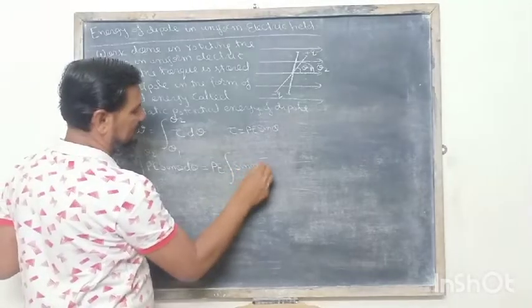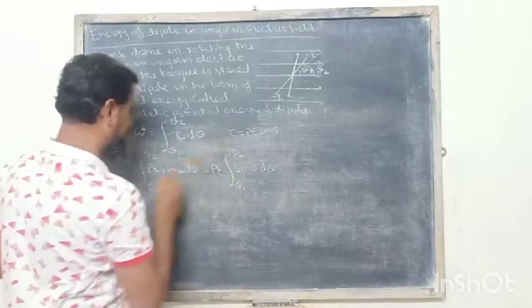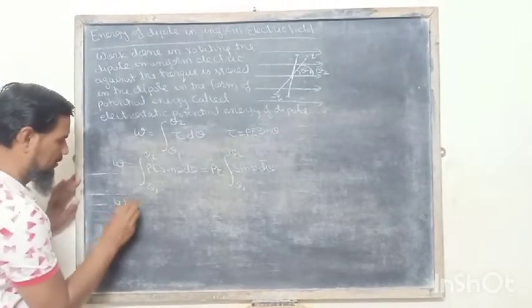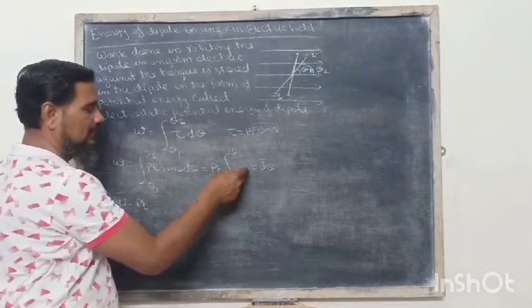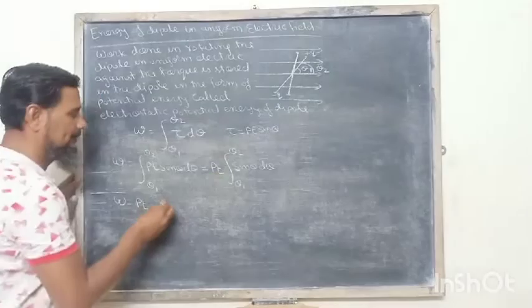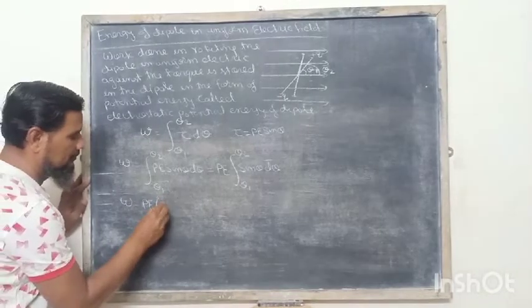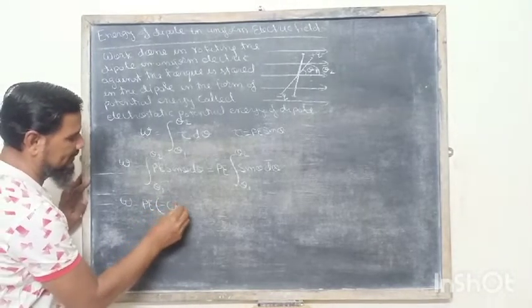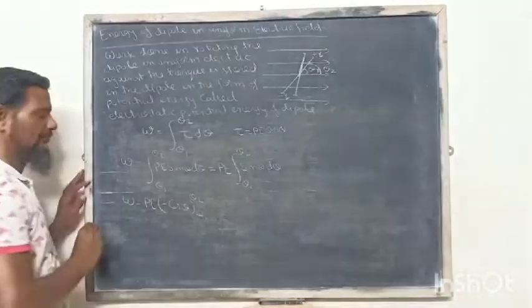The integration of sin theta is minus cos theta, from theta 1 to theta 2.